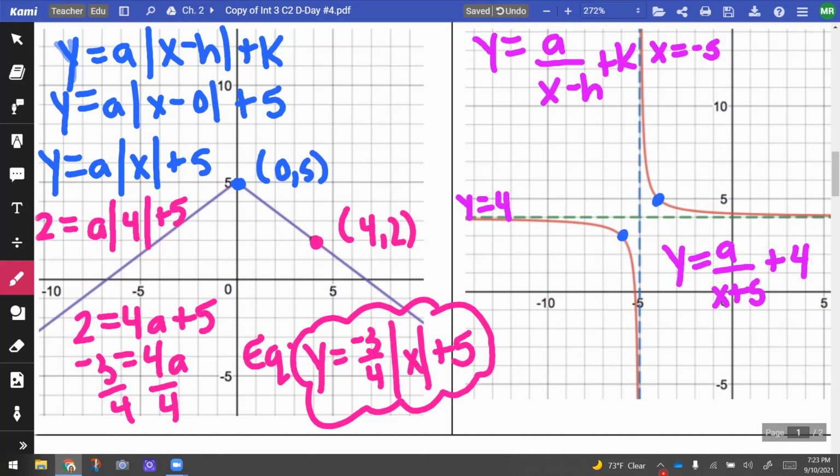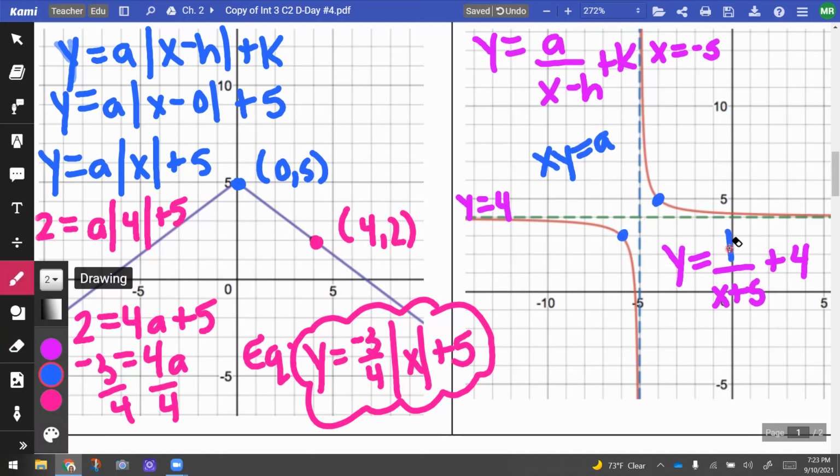Because remember, these graphs, ignoring the left-right movement, are basically x times y equals a. So in this case, I have 1 times 1 is 1, or -1 times -1 is 1. So my a is going to be 1. And that's our equation.